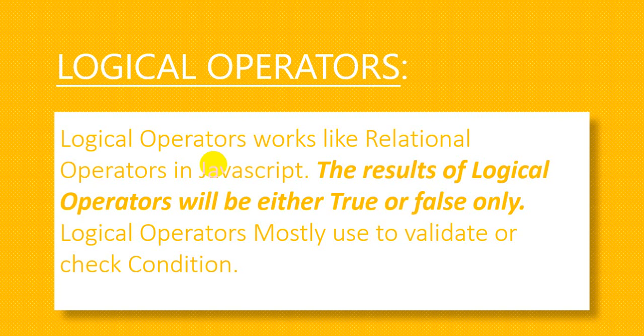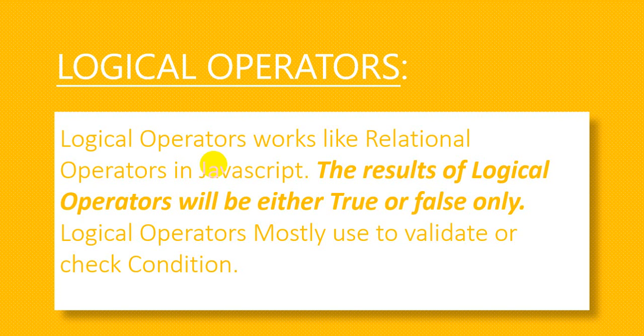In the same way, with the greater than symbol you check whether the value is greater than this value, or with the comparison operator, the equal to sign, you compare two values, whether this value is equal to this value or not. At the end you get a result whether the condition is satisfied or not, true or false.